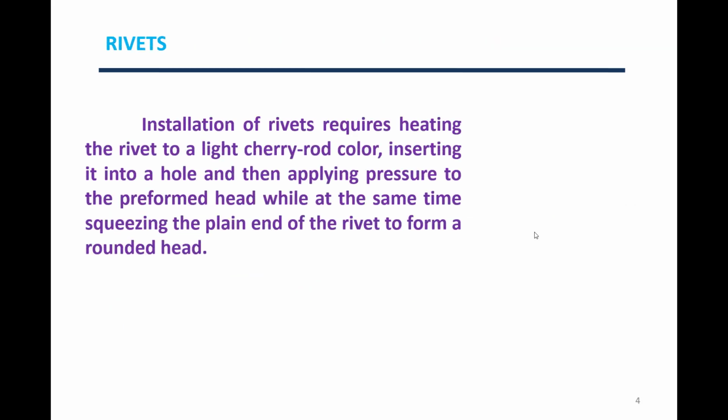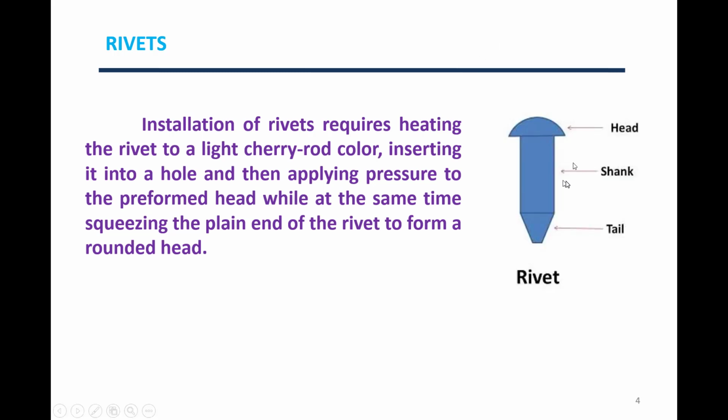So we have rivets. Installation of rivets requires heating the rivets to a light cherry red color, inserting into a hole, and then applying pressure to the preformed head, while at the same time squeezing the plain end of the rivet to form a rounded head. These are the head, shank, and tail of the rivet.